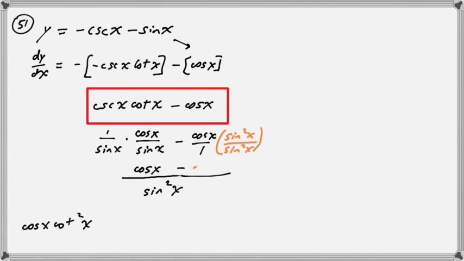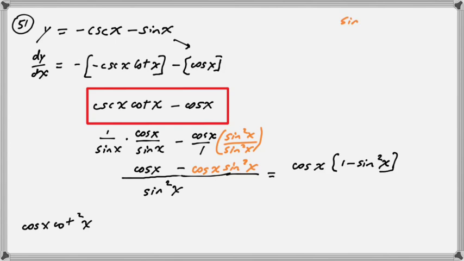So what would that make it on top? Cosine times sine squared. I see 2 cosines on top. If I factor out a cosine, what's going to remain? 1 minus sine squared.